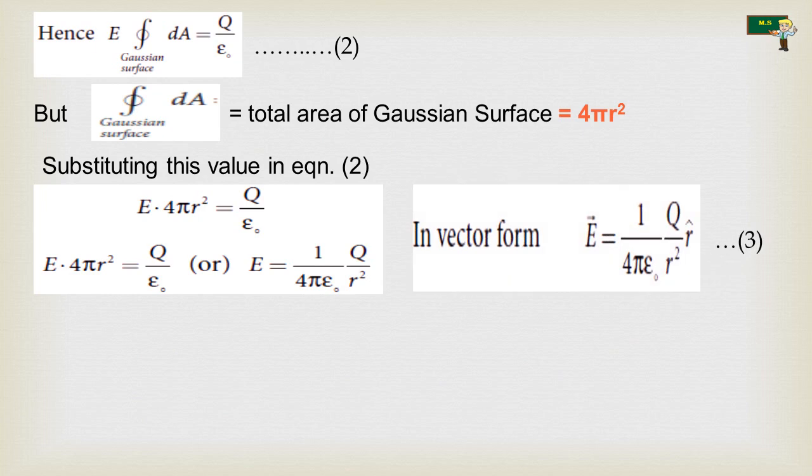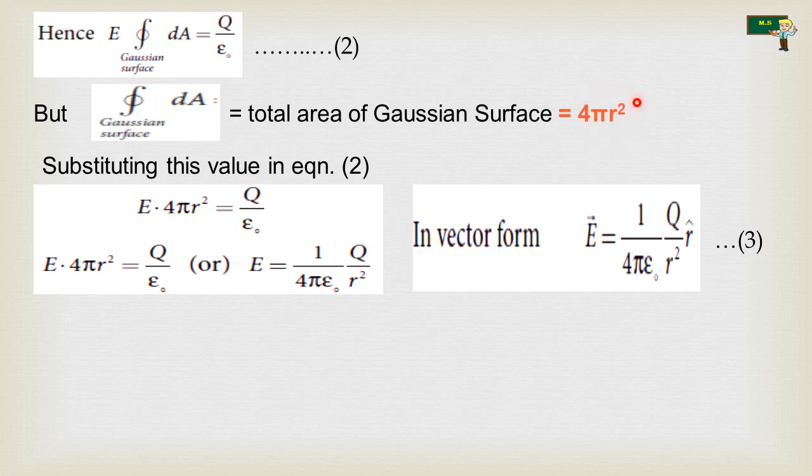Hence E times the closed integral dA is equal to Q by epsilon naught, but we know the closed integral of dA is equal to the total Gaussian surface area. The Gaussian surface is a sphere, so we put 4 pi r square.